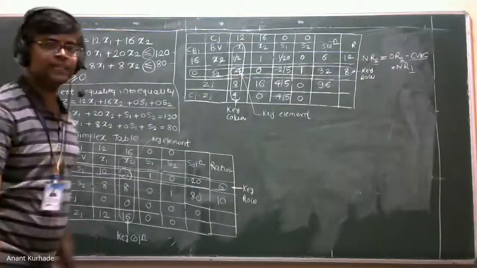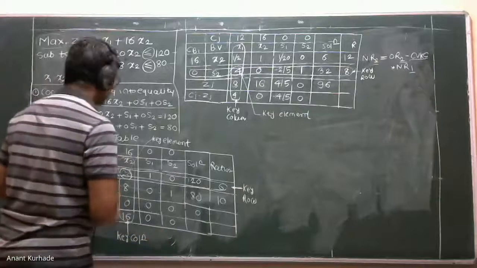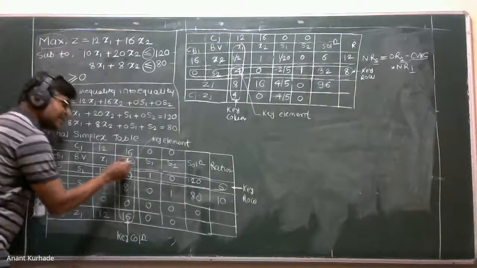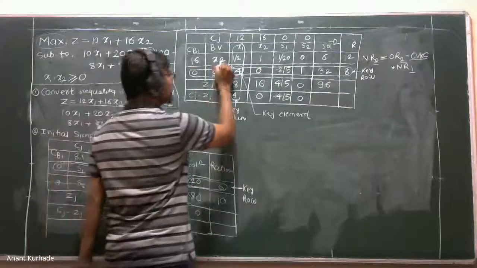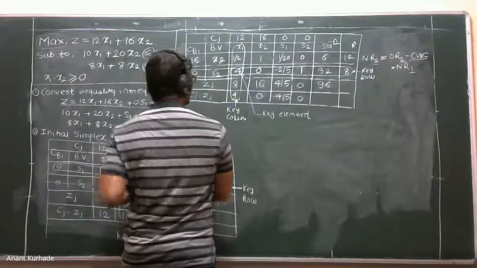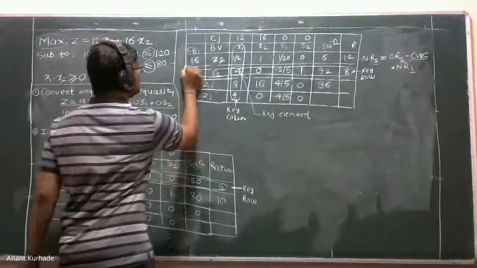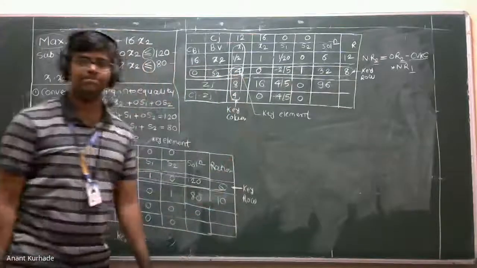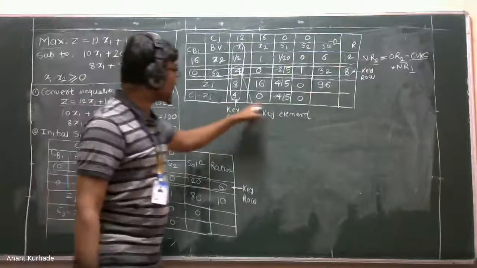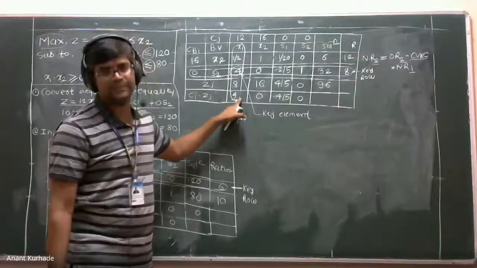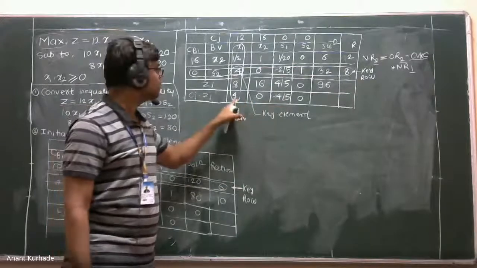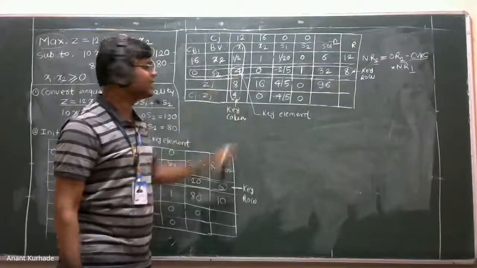Now it is fine. So see, in this table, x2 is entry, s1 is departing. So here you have to write x2, not x1. Now from this value, you have to find out maximum positive value. So 4 is maximum positive. Assign this as a key column.